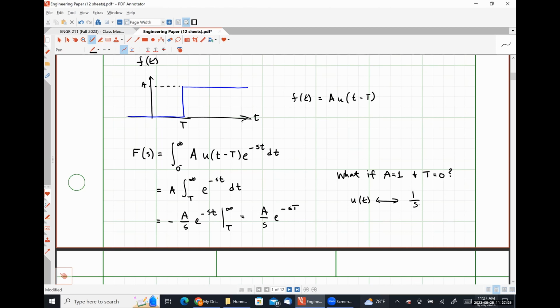If my function is time shifted by some arbitrary amount, capital T, I simply multiply my transform by e to the negative s capital T to take into account that time shift, right? So we've stumbled our way into 2 of the properties of the Laplace transform, right? Scaling and time shifting.